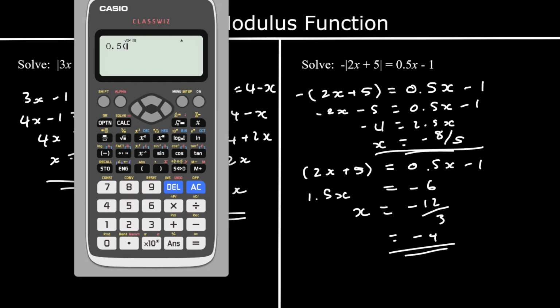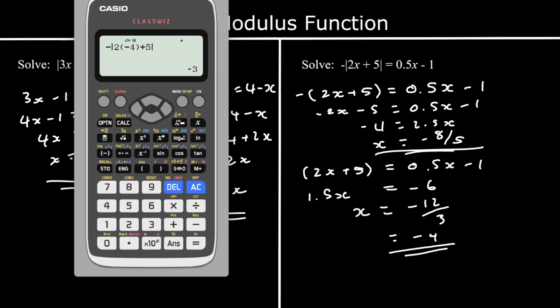So half of minus 8/5 minus 1, negative 9/5. So both answers gave negative 9/5. So they work, and the same for the -4.